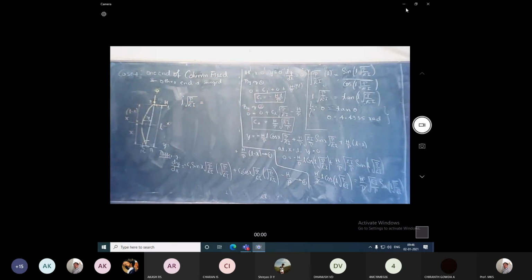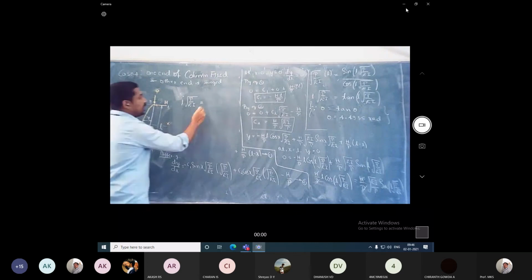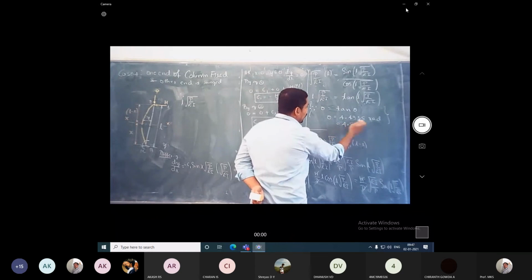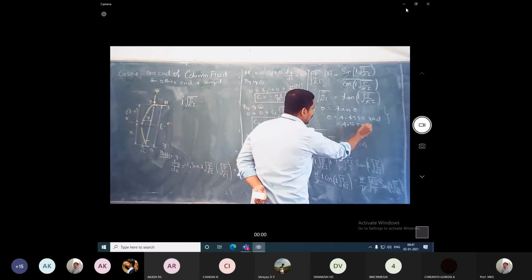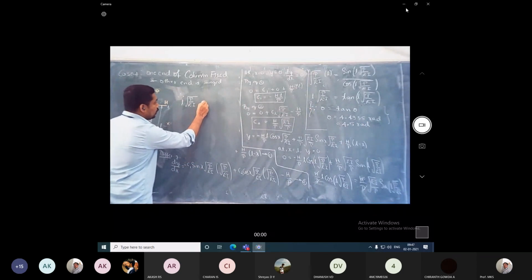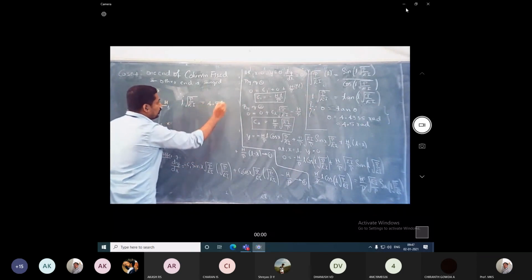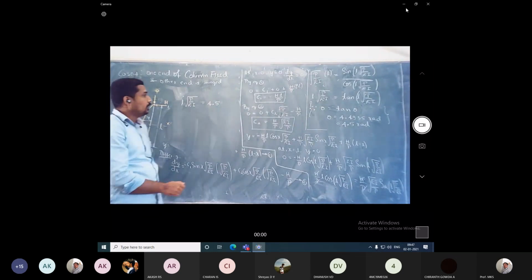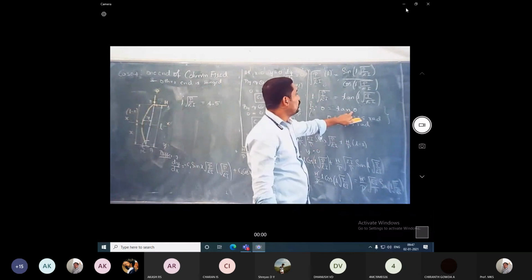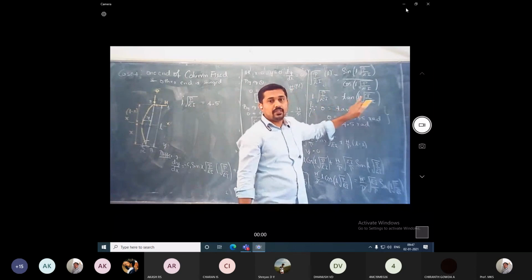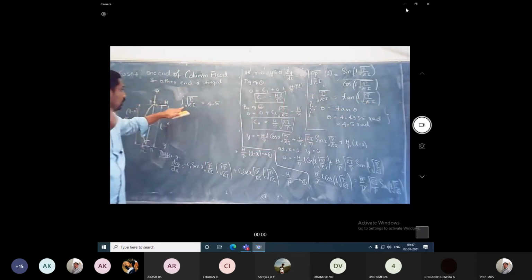Nearly, let us consider this value nearly equal to 4.5. I cannot take the full fraction, so let us take nearly 4.5 radians. So let L into root of p by EI be equal to 4.5. When this becomes equal to 4.5, theta will be equal to tan theta. So we have taken the theta value as 4.5 radians.